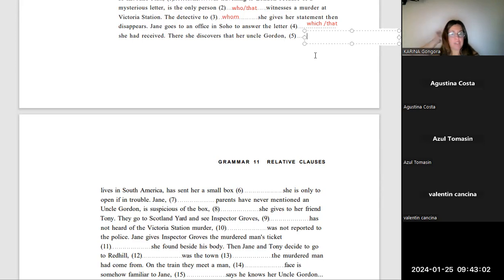Number 5 is who, who lives in South America, has sent her a small box. In this case, it's defining, así que puede cualquiera de los dos. Which or that.